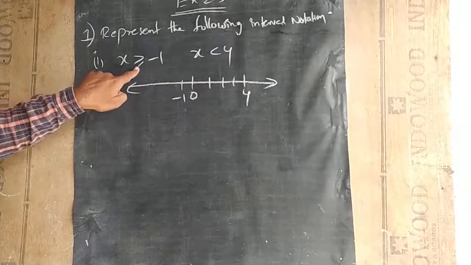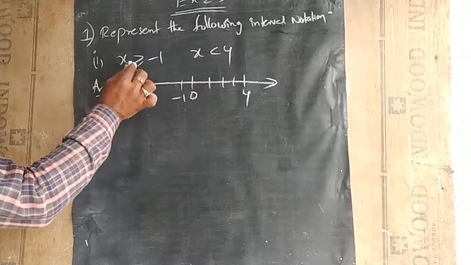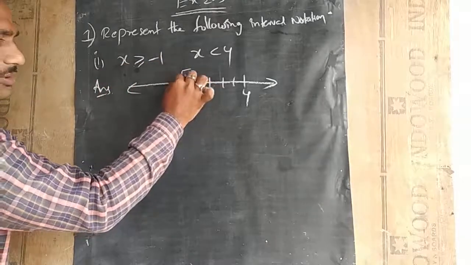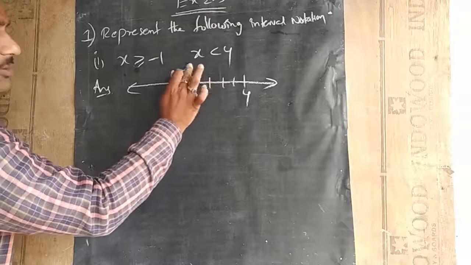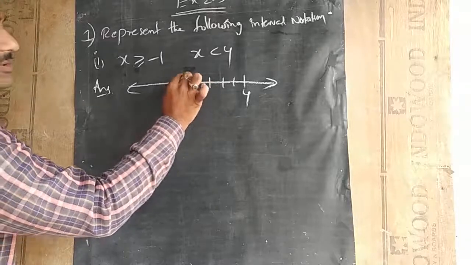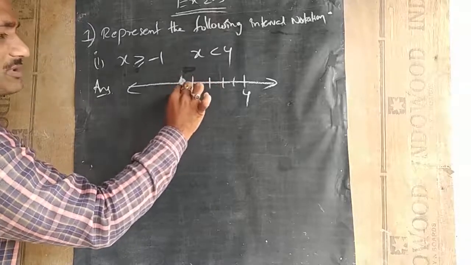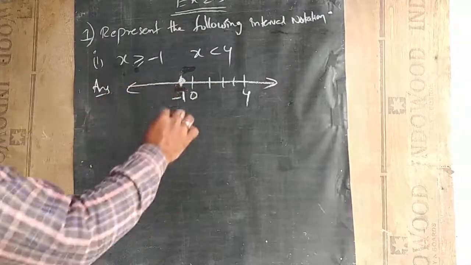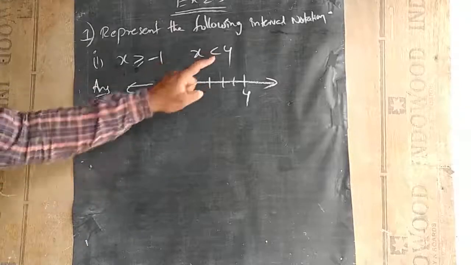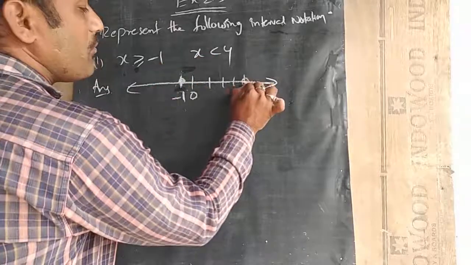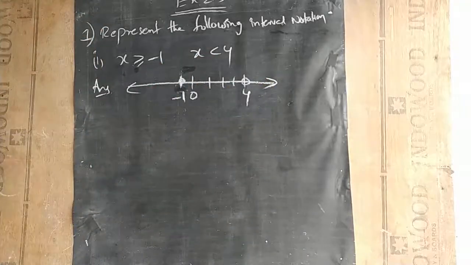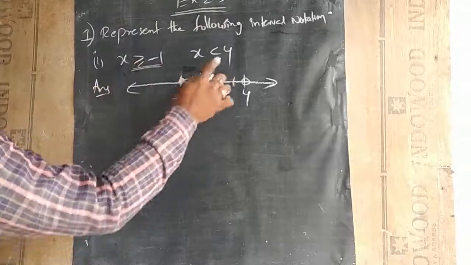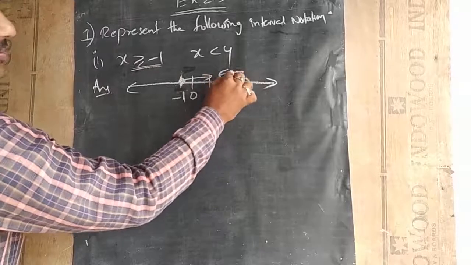Since here equal to is there and it is talking about greater than or equal to minus 1, it will be a closed bracket, or else we can represent it with a circle, as we have discussed in the class, the closed circle. And here it is an open circle, since there is no equal to. Now I am talking about less than 4, so it will be represented this way.